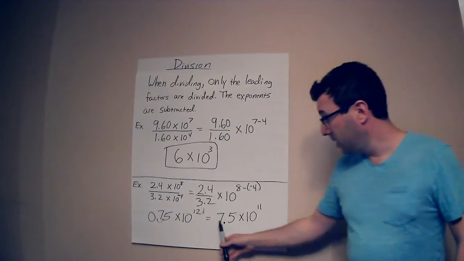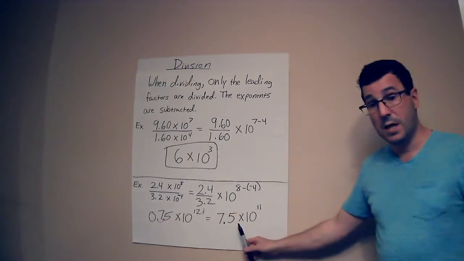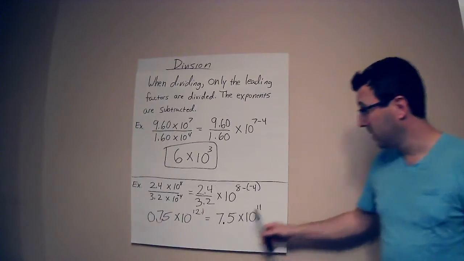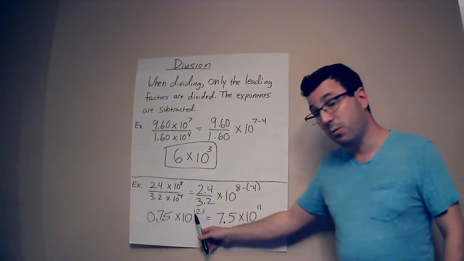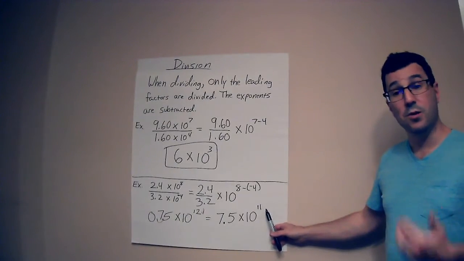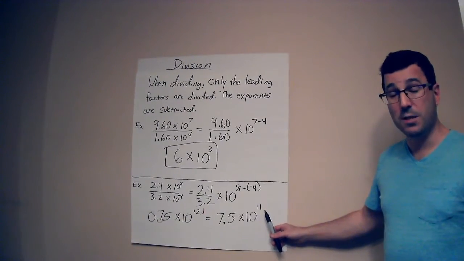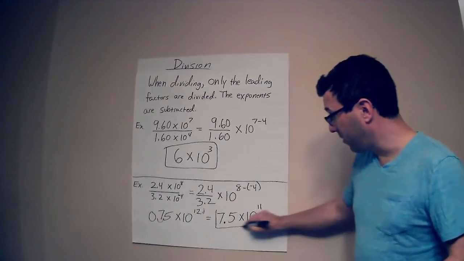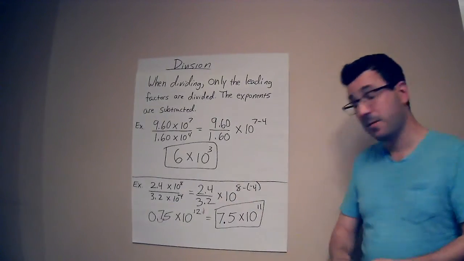So again, my 0.75 became a 7.5 because we increased it by a factor of 10. My exponent of 12 decreased to now an exponent of 11 because our power of 10 decreased by a factor of 10. And so this is our answer in scientific notation.